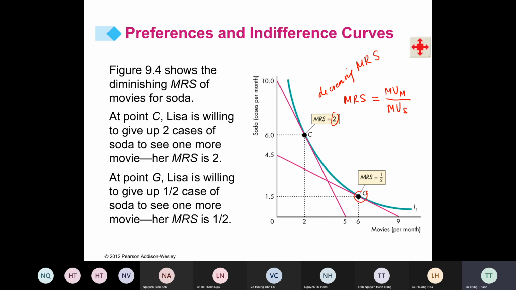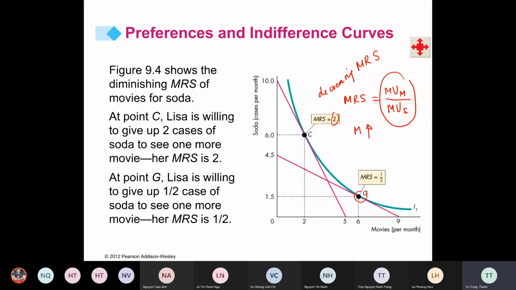Movies increase, right? So we move from the left to the right. If you look at the formula, what happens to MU movie when the number of movies increases? The answer is the marginal utility of movies decreases, right? Because of the law of diminishing marginal utility. So the top is decreasing.